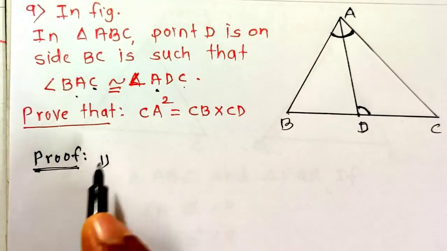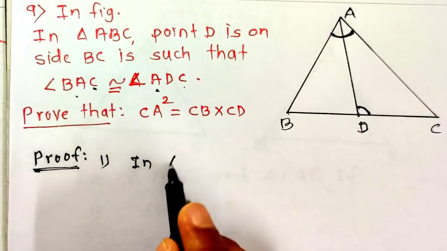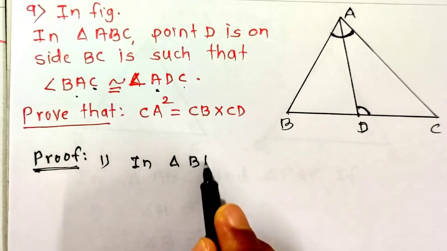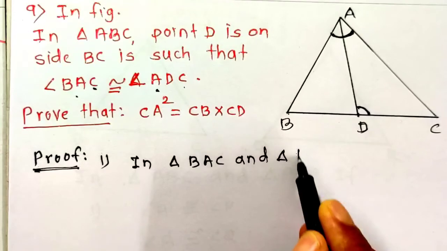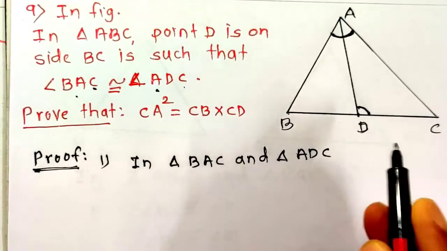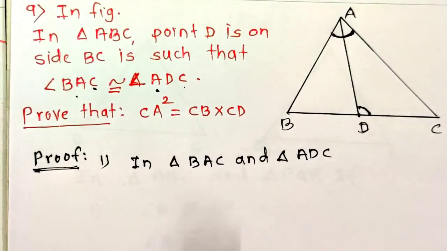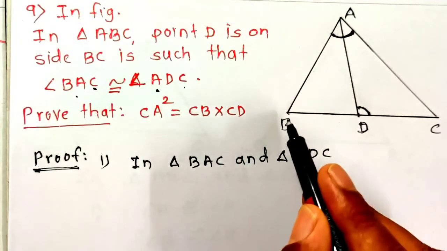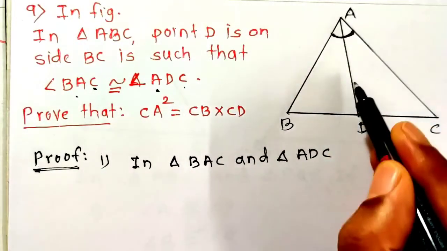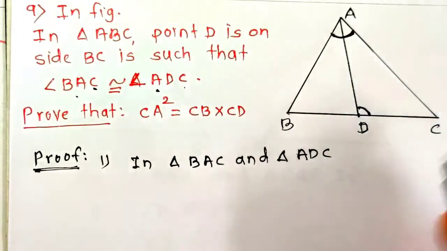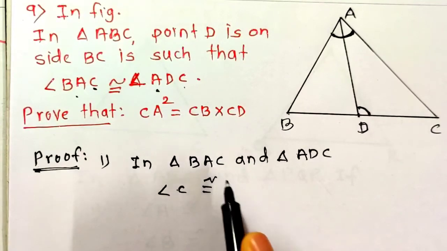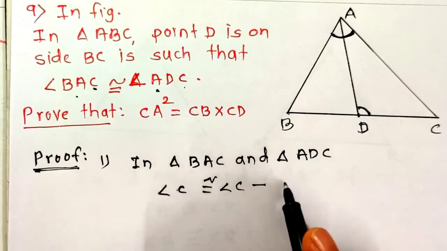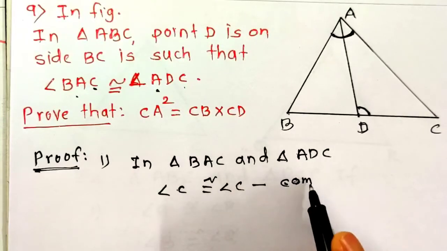So here, first step, in triangle BAC and triangle ADC, here these angles are congruent. So we consider these two triangles. What is the common thing? Angle C, congruent angle C. This is the common angle for both the triangles.